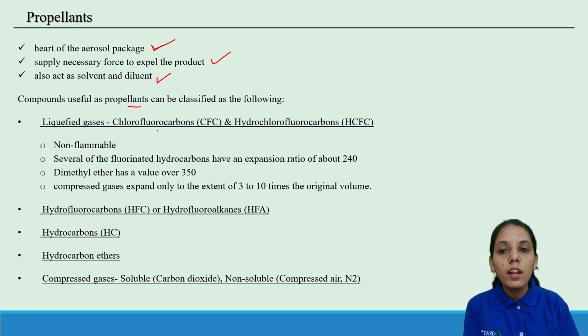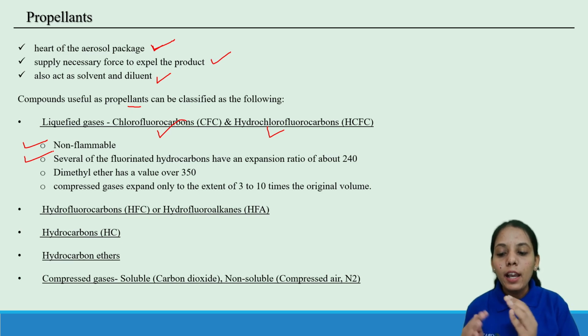They are CFC and HCFC, chlorofluorocarbon and hydrochlorofluorocarbon. So basically remember these are non-flammable. Several of the fluorinated hydrocarbons have an expansion ratio of about 240. What do you mean by expansion ratio?